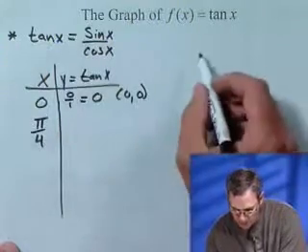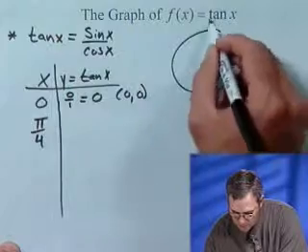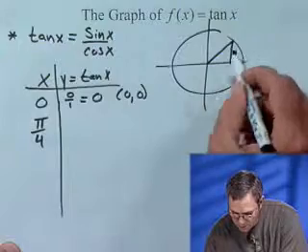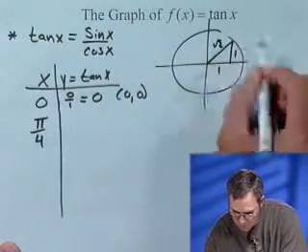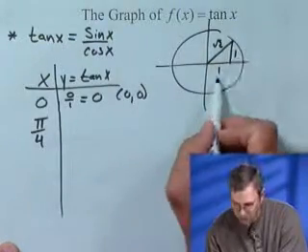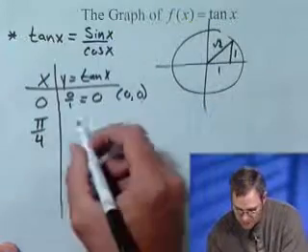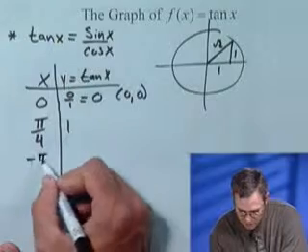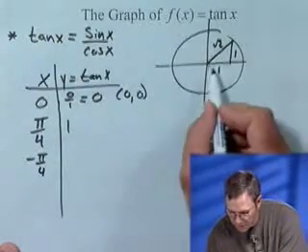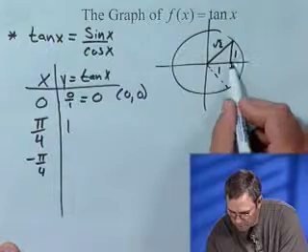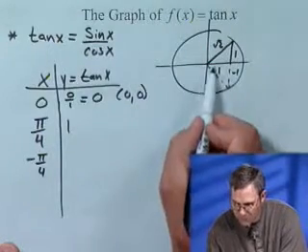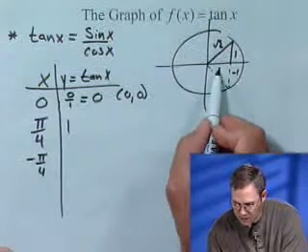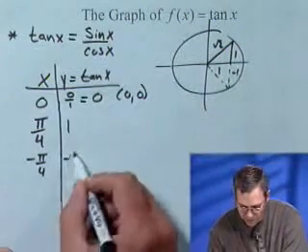Tangent of pi over 4, remember, there's pi fourths. Tangent of pi fourths is opposite over adjacent, so tangent of pi fourths is 1. How about if I do negative pi fourths? This angle down here. The tangent of negative pi fourths is opposite over adjacent, so that's negative 1 over 1.